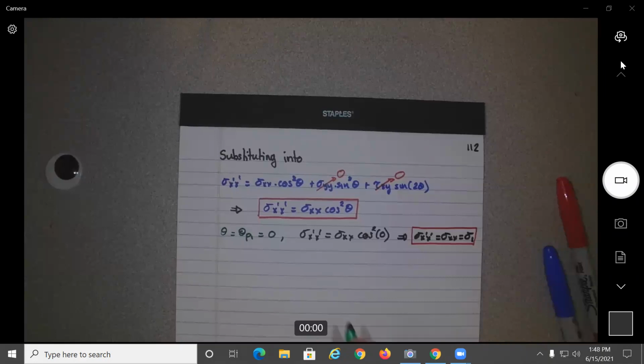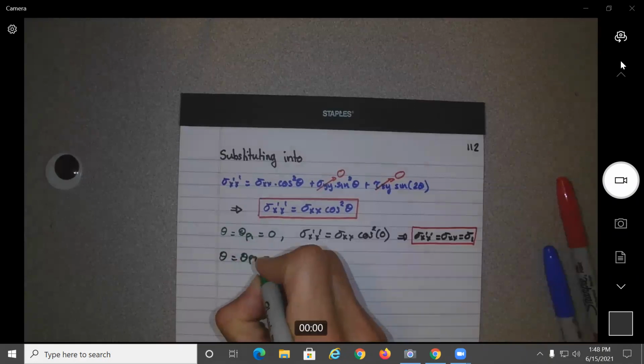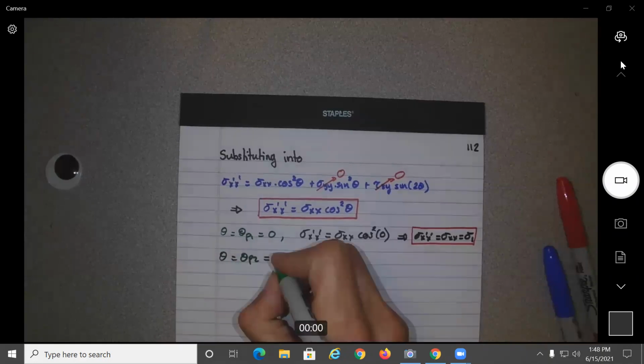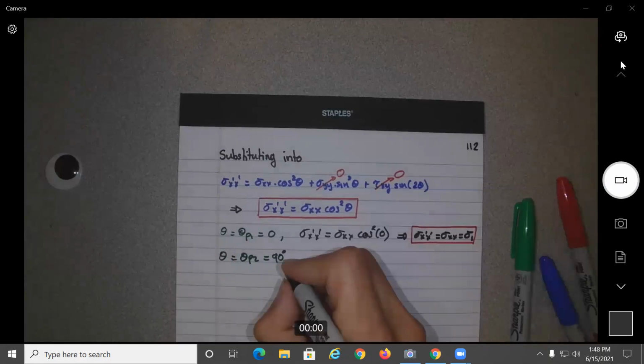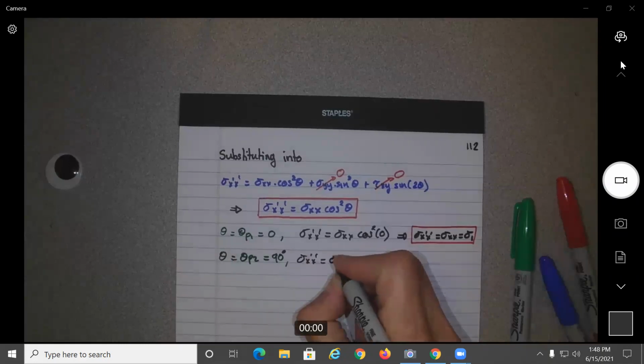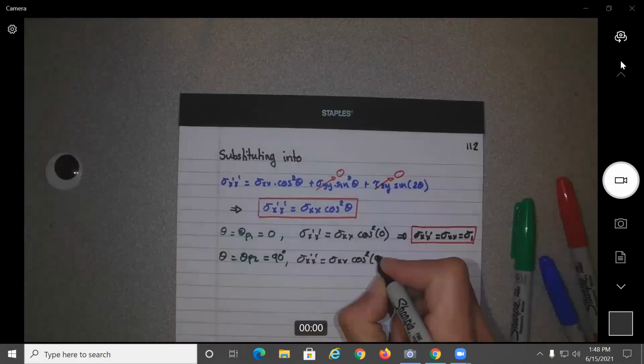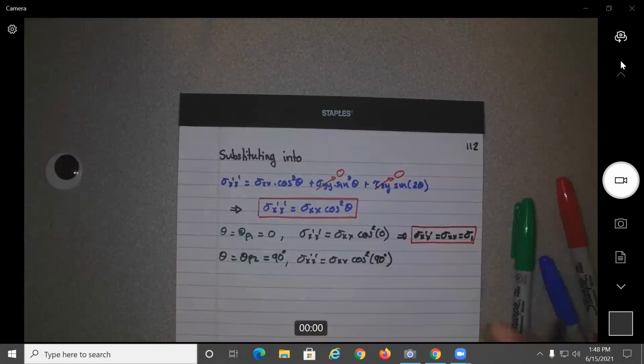Okay, we can take the second one. So the second one is equal to 90. So what is that going to give us? Sigma x prime equal to sigma x cosine squared of 90 degrees.